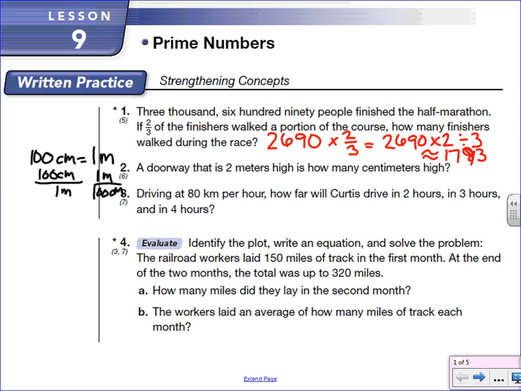So then we take the information they give us, put it over 1, 2 meters over 1. Meters is on top in this one, so it has to be on the bottom in the second one, which tells us to use that fraction. Meters will cancel then. And since 2 and 100 are both on top, they get multiplied. And we end up with 200 centimeters.